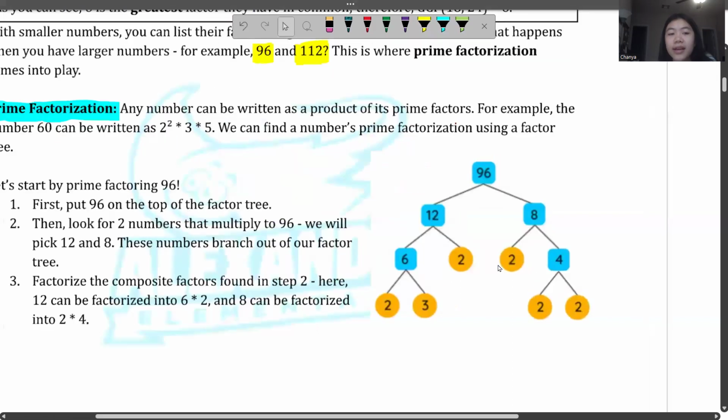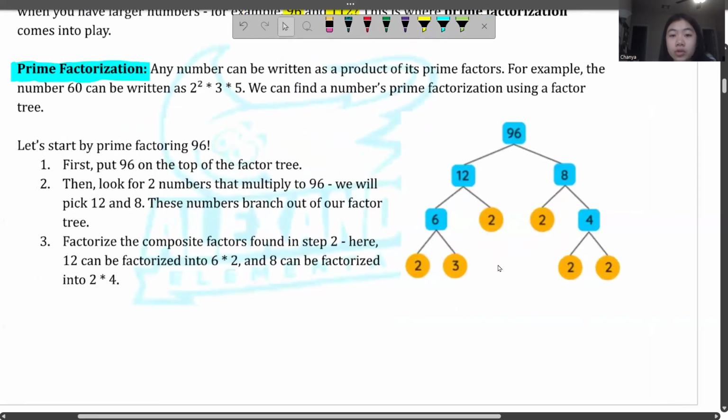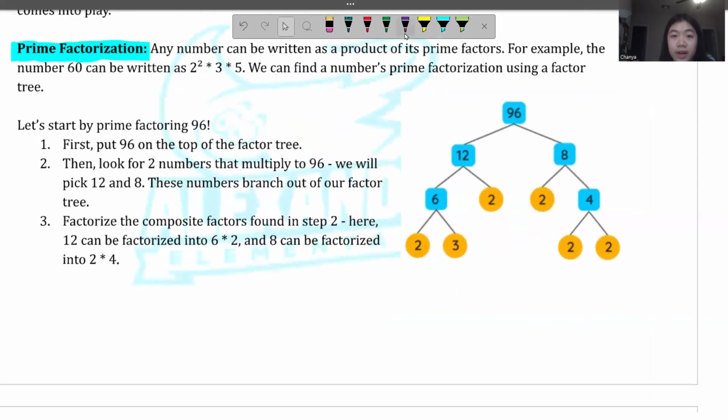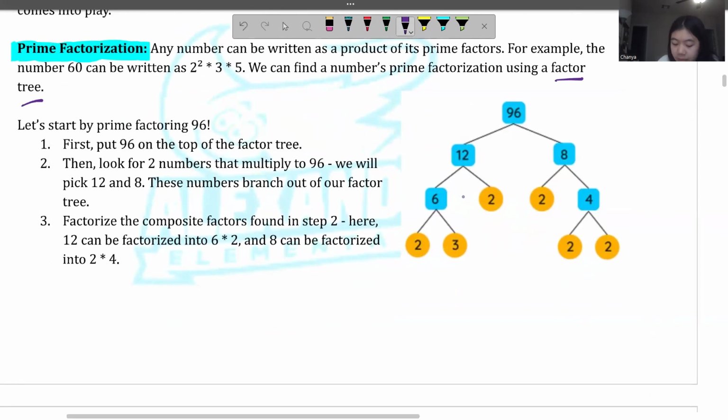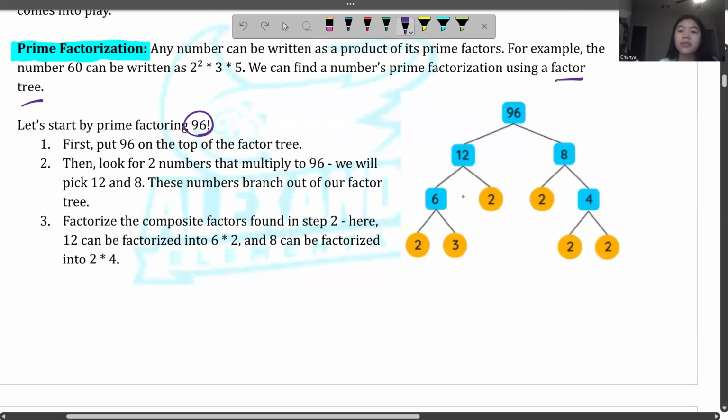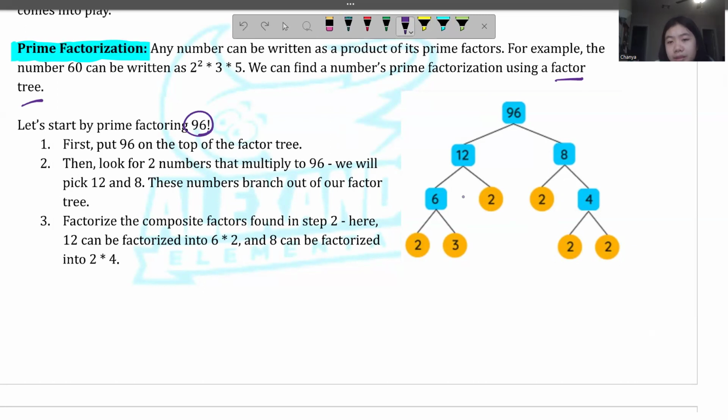So I'm going to take 96 as an example to illustrate how to prime factor. You create something called a factor tree, and you first write your number on the top. When you prime factor 96, you write 96 on the top here. And then from that, you figure out, what are any two numbers that multiply to 96?